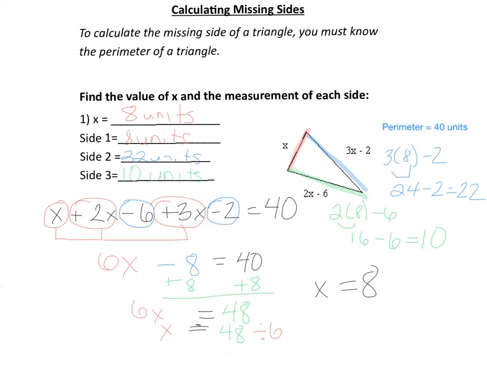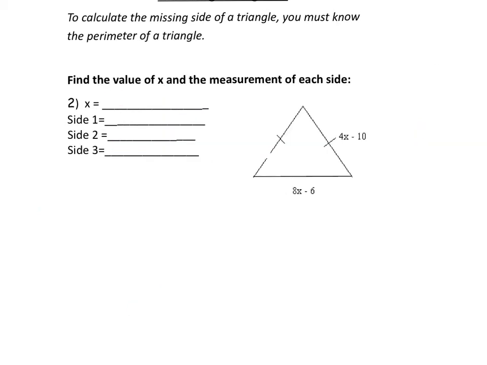A way to check your answer is to say, is 8 plus 22 plus 10 equal to 40? The answer is yes. Moving on to page 13. Once again, I left off some very important information. We have to note that the perimeter is, in this case, 22 centimeters.